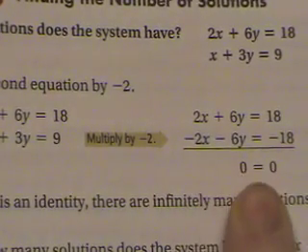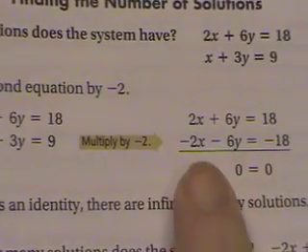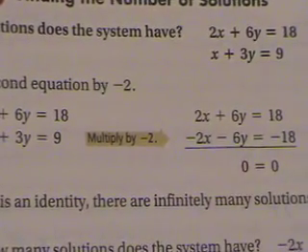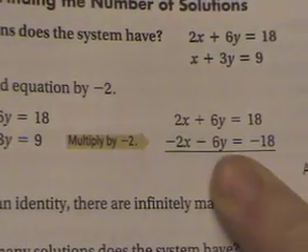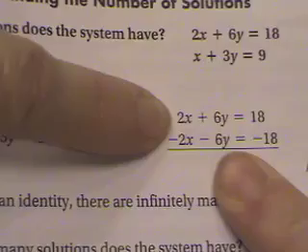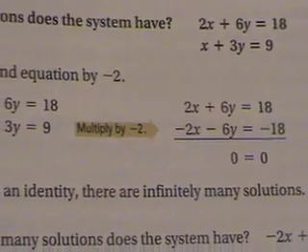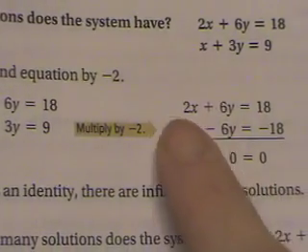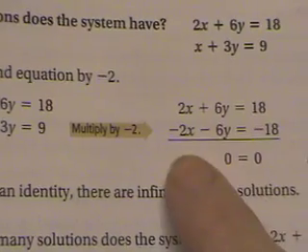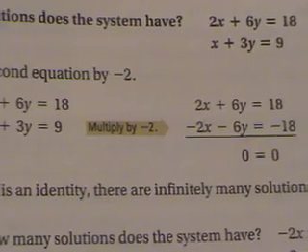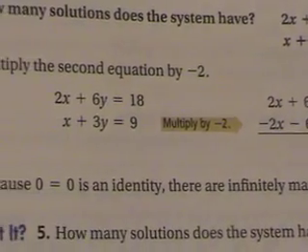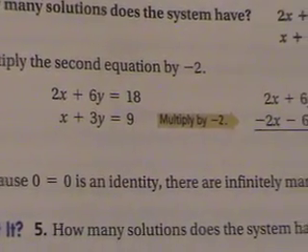Look at that. So you do that, and you solve it, although I'm kind of sad that they felt you needed to solve it. Once you get to this point, right here, you should realize that there are infinitely many solutions because any number that you plug in for x and y is going to work. Infinitely many solutions, which means what?